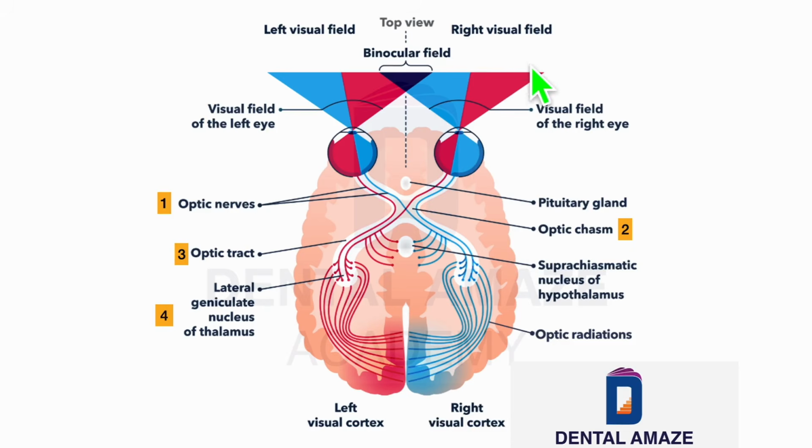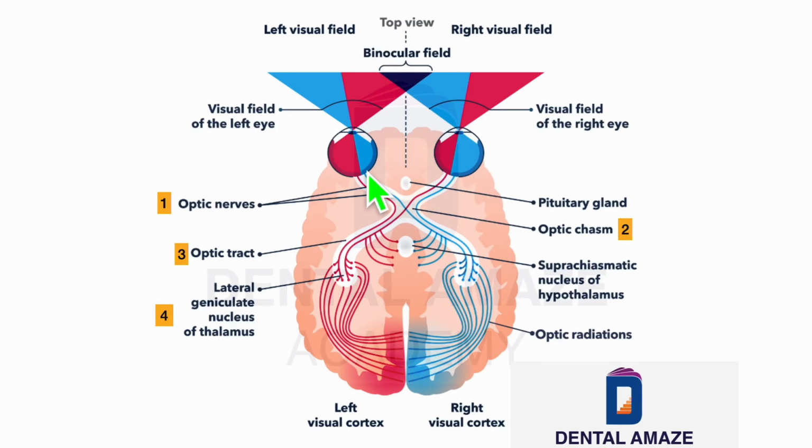Anything coming from the temporal part goes on the nasal. So this is the first crossing. Let's again come back to the image formation on the left side of your face. See, it's going like this, hitting your nasal retina. Same for the other eye. The only difference is it's coming from your nasal visual field and hitting the temporal retina.